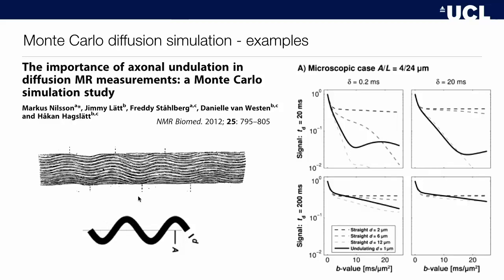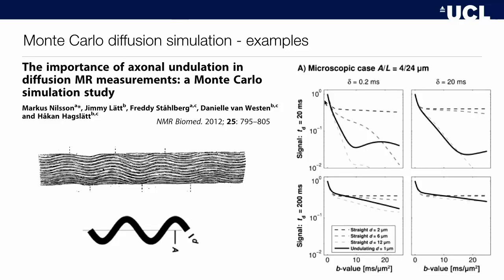One of the key findings illustrated to the right here is that when there is microscopic undulation, that is, when the undulation frequency is sufficiently small, such that the water molecules in the time frame we're looking at have time to traverse through them, then the effect becomes quite pronounced.